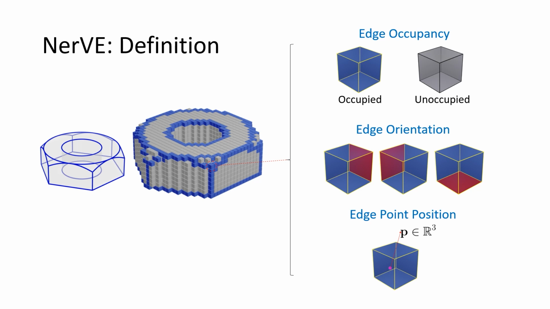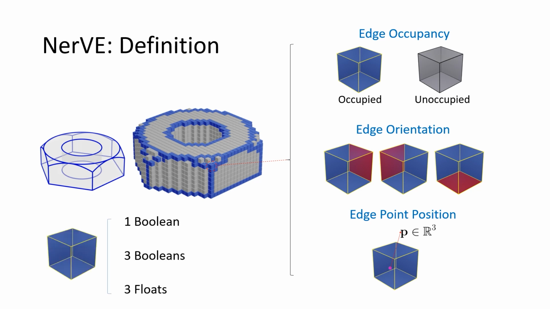A face is true if it is passed through by the curves. Next, point position P is defined in each occupied cube, which is usually the midpoint or endpoint of curves in the cube. In summary, NerVE is a cube grid with 7 values for each cube. 1 Boolean value for occupation, 3 Boolean values for orientation, and 3 float values for position.